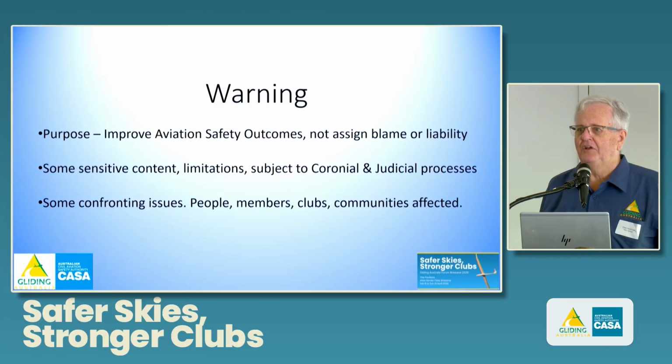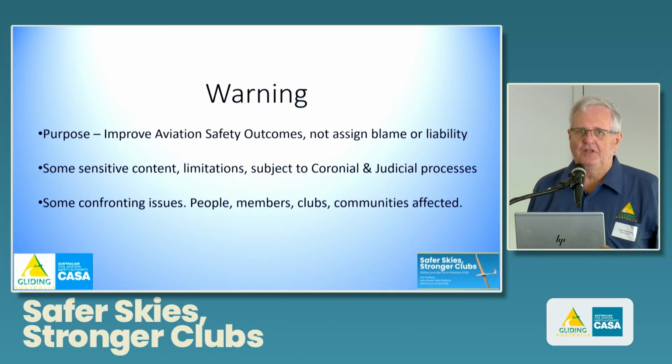So, I've got a warning here. The purpose of this is not to assign blame, but to actually improve our aviation safety outcomes. Awareness, building better safety outcomes. There is some sensitive comment. We are going to be talking about some issues and incidents where there are limitations.